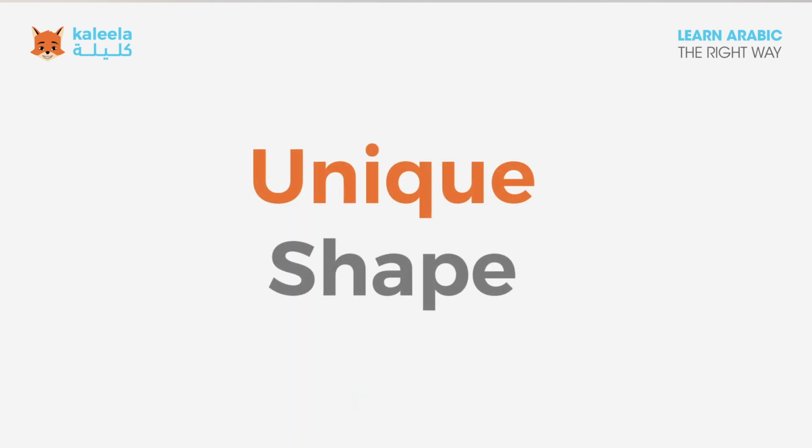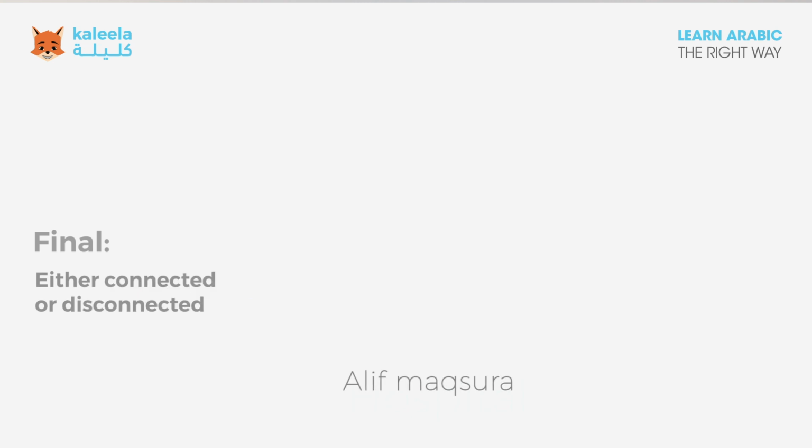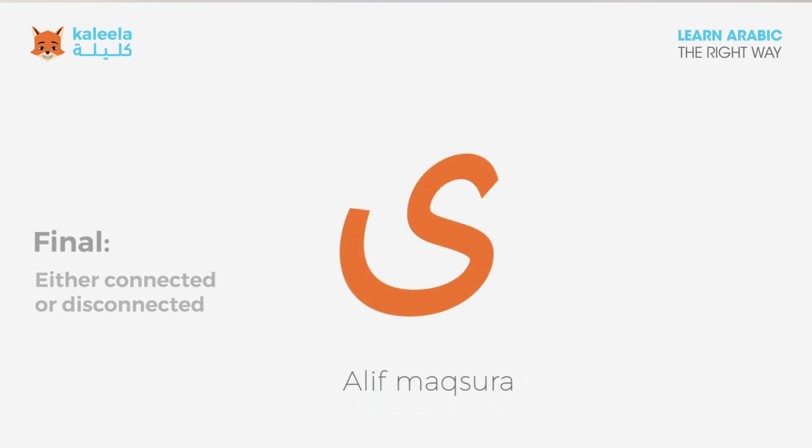The last case we're going to talk about is a unique shape of the letter Alif, which only comes at the end of the word, either connected or disconnected. It's called ألف مقصورة and it looks like this. Imagine drawing a duck.